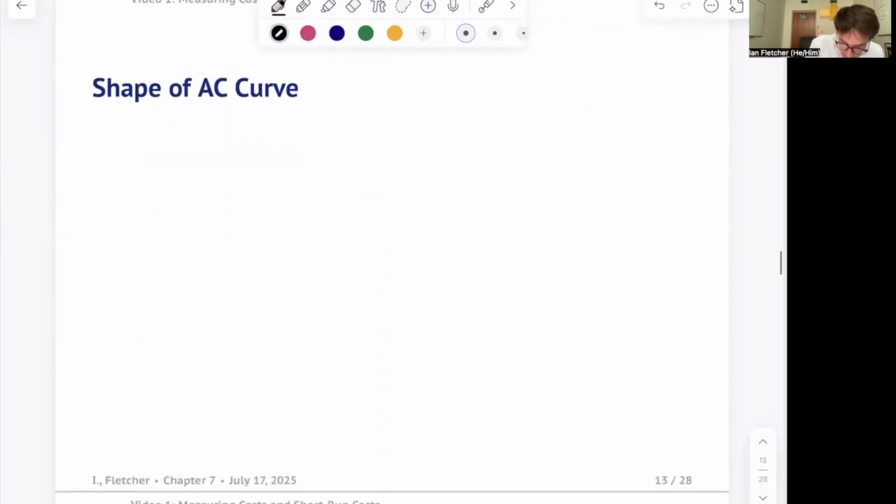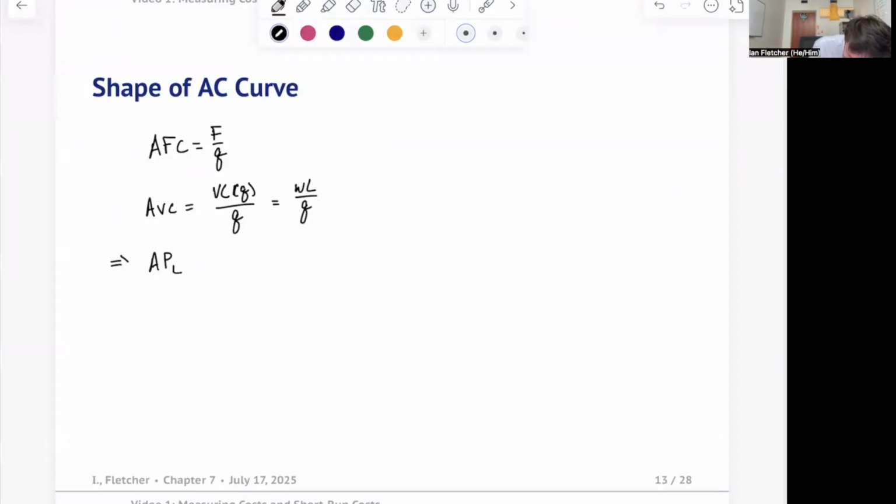So when we're thinking of the shape of the AC, remember AFC was equal to F over Q. AVC was equal to VC over Q. And if we use this one from before, this was just WL over Q. And we know that APL, the average product of labor, was Q over L. So our AVC can be rewritten as W over the average product of labor.